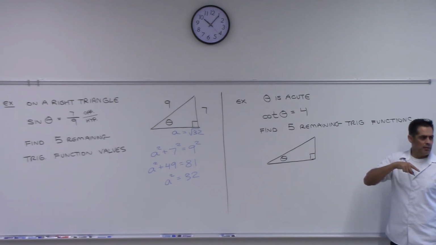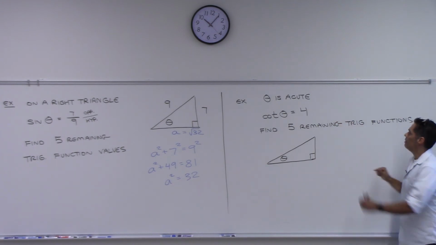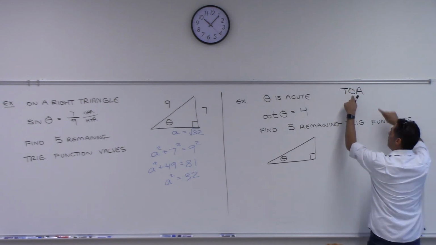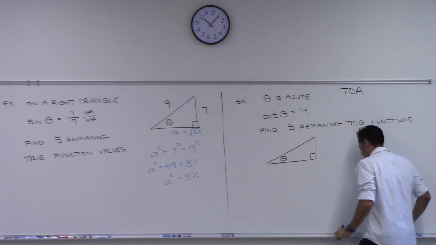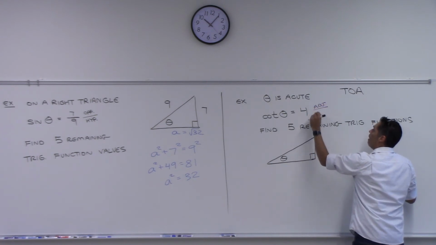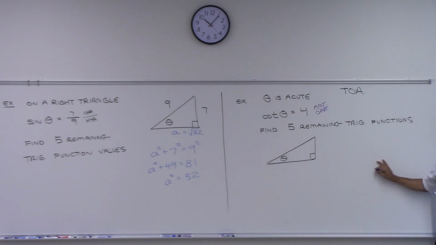Opposite over adjacent. So I'm thinking this is the reciprocal of tangent. SOHCAHTOA is opposite over adjacent. So this is adjacent over opposite. Do y'all agree?